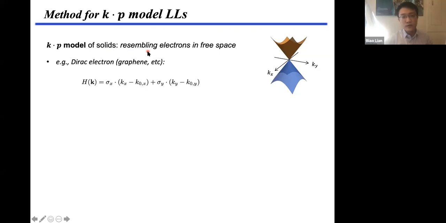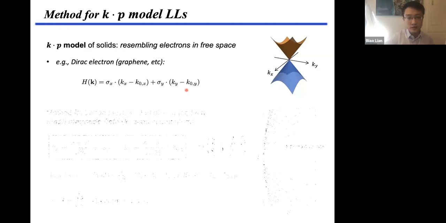So such models would resemble electrons in free space with a particular kind of kinetic energy. For example, in graphene, one has Dirac electrons near the K and K prime points of the system, which just behave as the Dirac fermions we usually study in high energy physics.